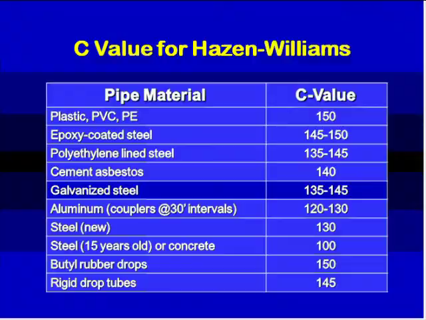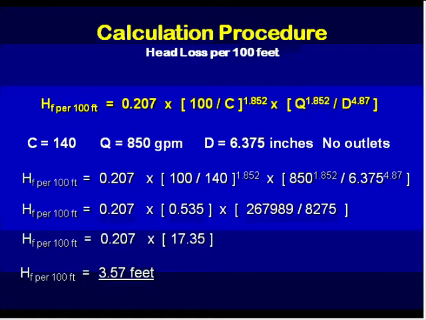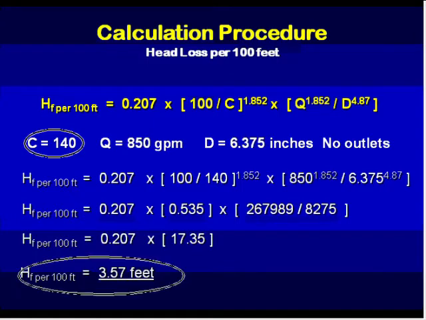For our purposes here today, I'm going to use a C factor of 140. And we still have the 850 gallons per minute, 6.375 inches of inside diameter of the pipeline, and no outlets. So if we put those numbers into the Hazen-Williams equation, we're going to come up with the friction loss per 100 feet of pipeline of 3.57 feet.